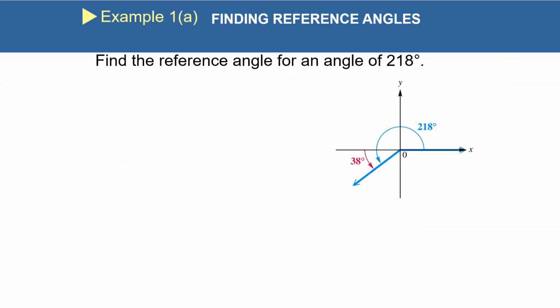So up first, we have 218 degrees. So if I have 218 degrees and I want to find its reference angle, the first thing I got to ask myself is, what quadrant does 218 fall in? 3. So this is in quadrant 3. Agreed? So if it falls in quadrant 3, what are the steps I take to find the reference angle?